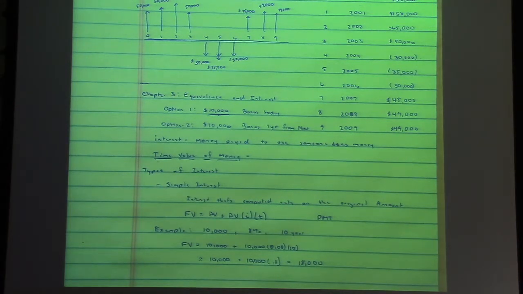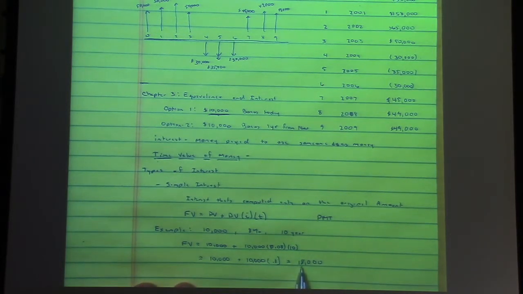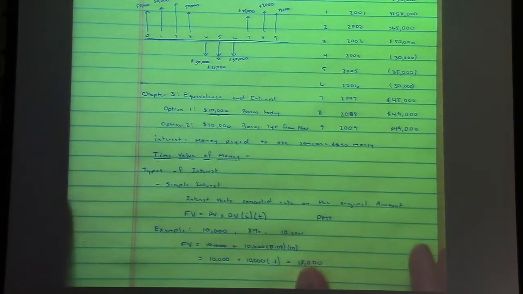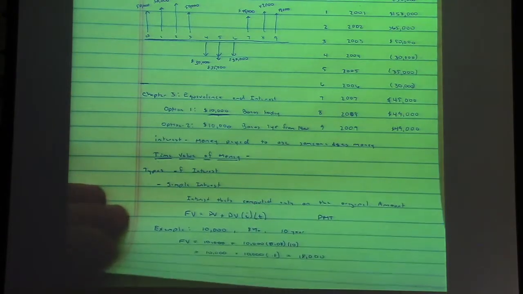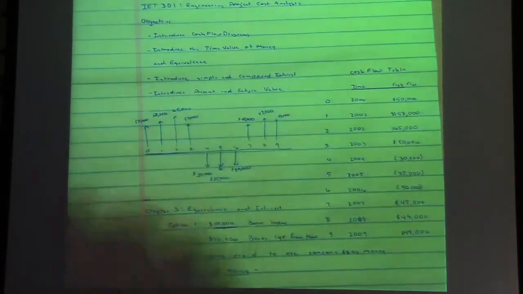With this being the case then, you need to recognize that this $8,000 that you're paying in excess of the original loan balance is coming out of your pocket. So keep this in mind whenever you're considering taking out a loan or using your credit card or anything of this nature.